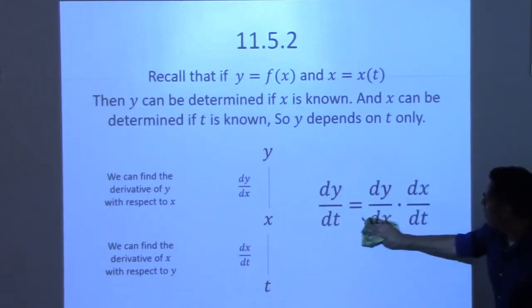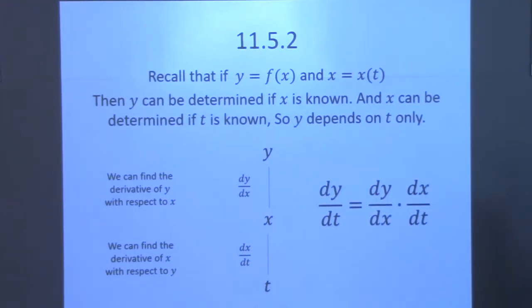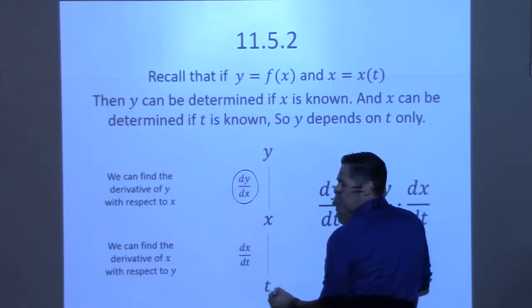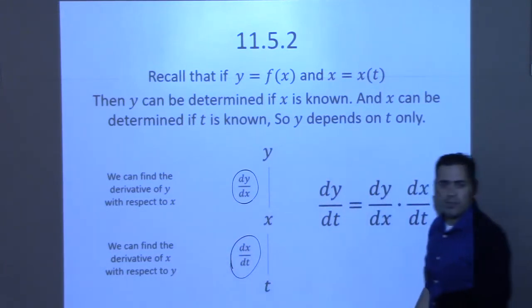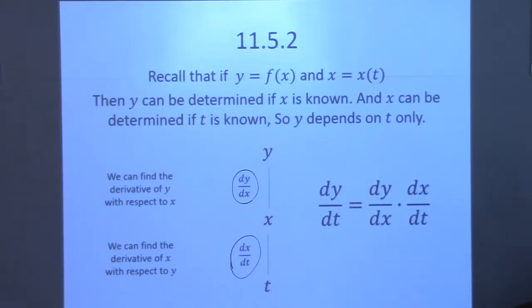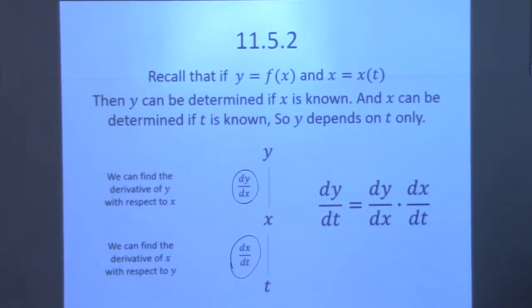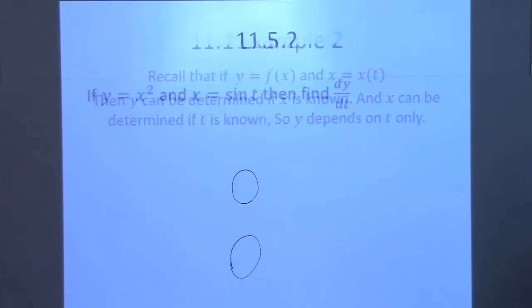But look at this expression. Dy dx times dx dt, isn't that just whatever this derivative is times whatever that derivative is, right? So let's go back to that previous problem and let's do it this way instead. You'll see what I mean hopefully when we do the problem.